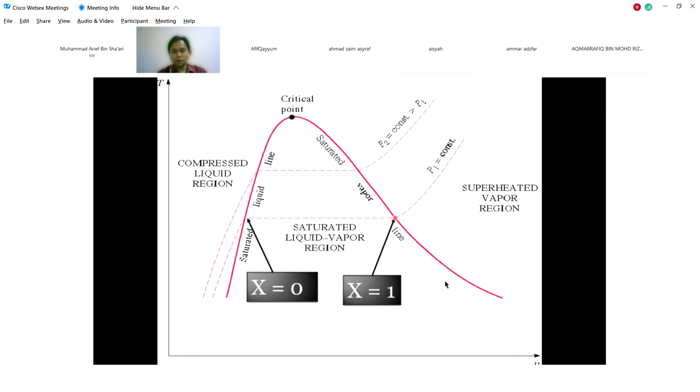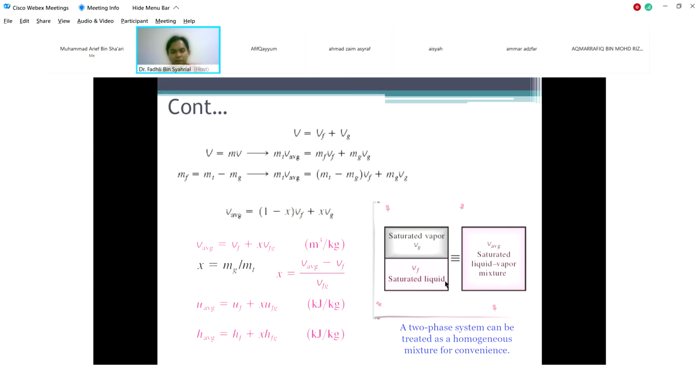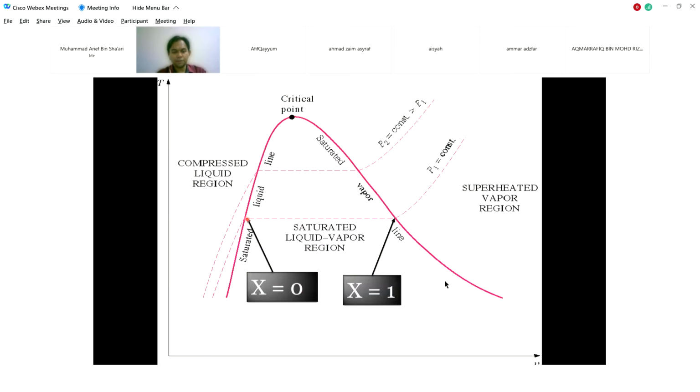While at this point, where the phase is saturated vapor, x is equal to 1. So in between, for example here, the value of x is between 0 and 1. It might be 0.3 or 0.4, but you have to calculate.